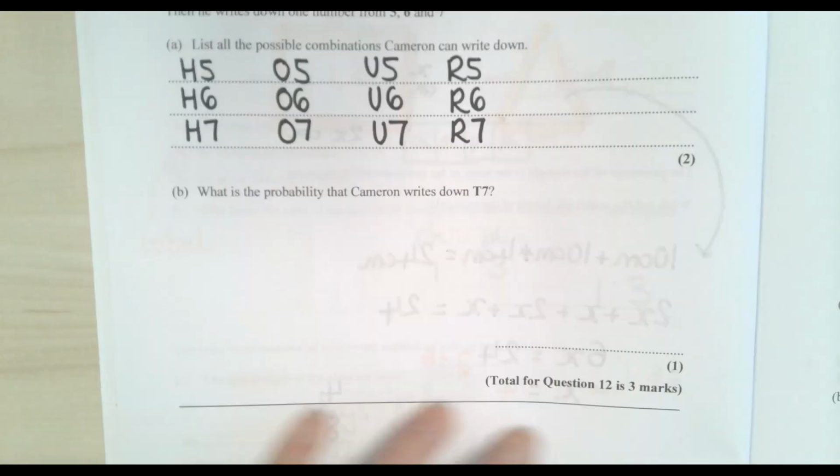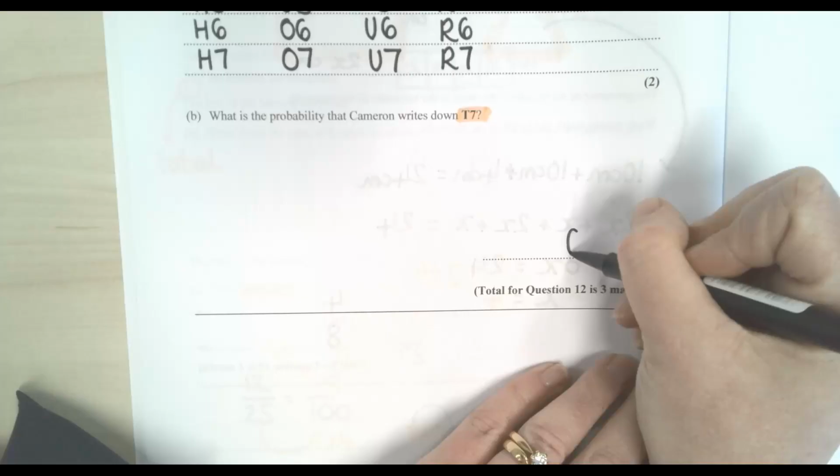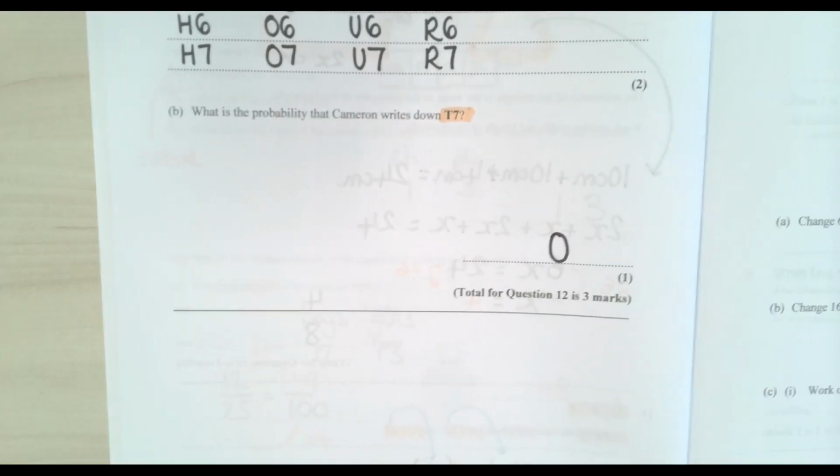So you can see there I've got 12 possible outcomes. What is the probability of T7? Well, was there even a T7? In which case then, there is no chance of him getting T7. Good trick question there, so don't get caught out with that one.